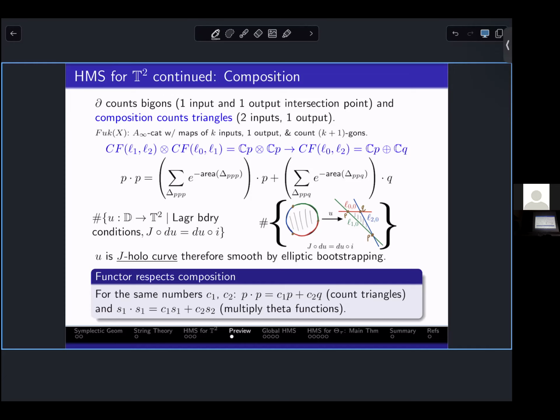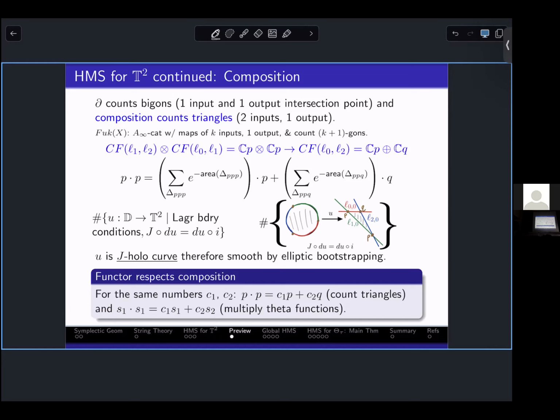In particular, we get elliptic bootstrapping. So the moduli space of all of these, when you have a regular J, which we show in our work that you admit, you get that this is a smooth, compact zero-dimensional space, which you can count as a number.